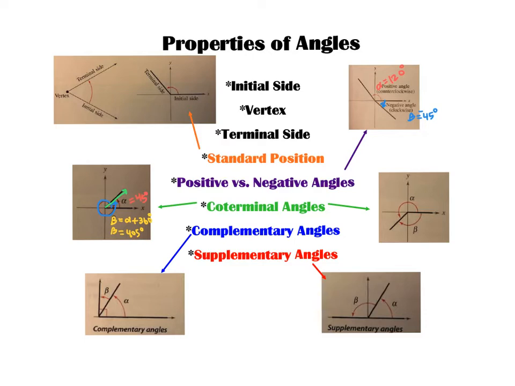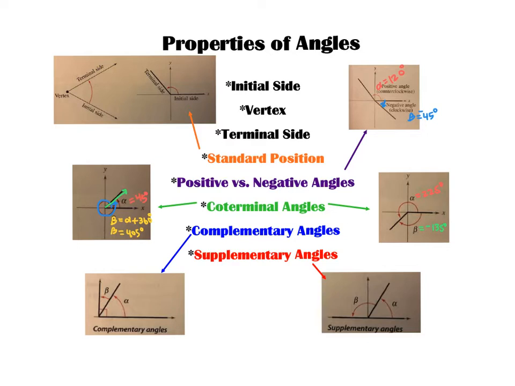Here's another example. Here's alpha. I would say alpha is about, it's 180 plus about 45. So let's say 225. And let's call beta, then that would be negative, since it's a negative angle, 135. Okay, so if I added 360 to beta, I would get alpha.